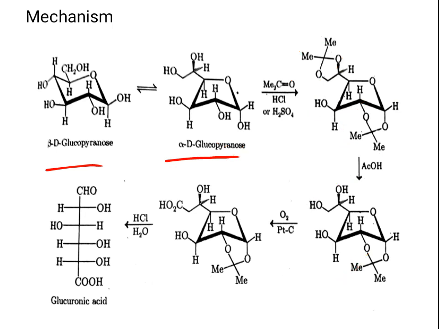Then you are giving oxygen in a platinum and carbon environment, so this can oxidize this CH2OH group into COOH. So in this manner you can specifically oxidize the C6 carbon of an aldohexose.